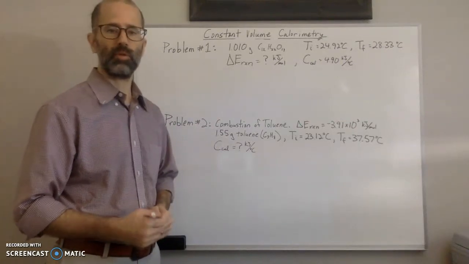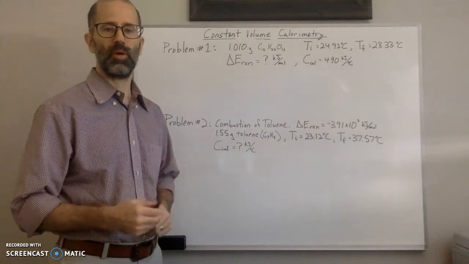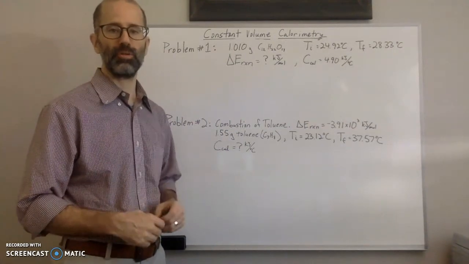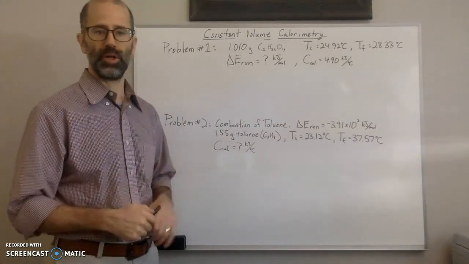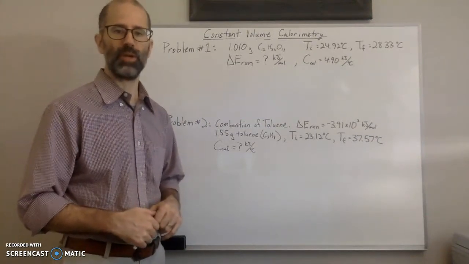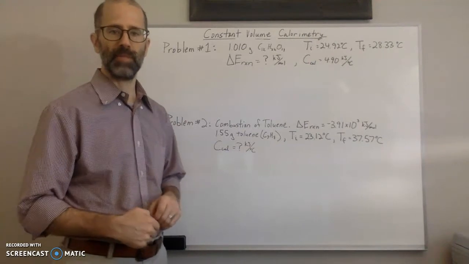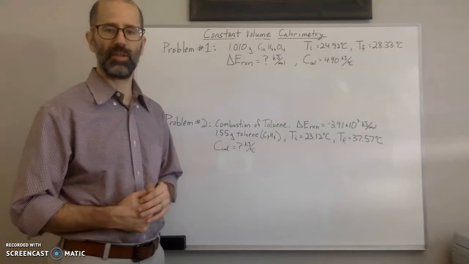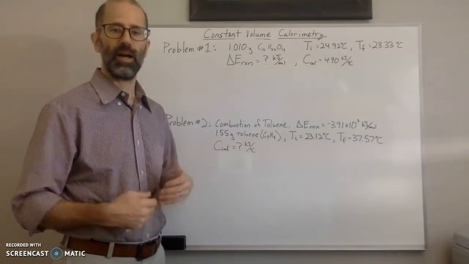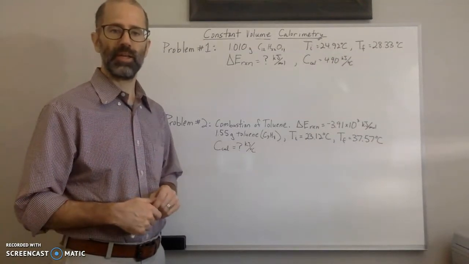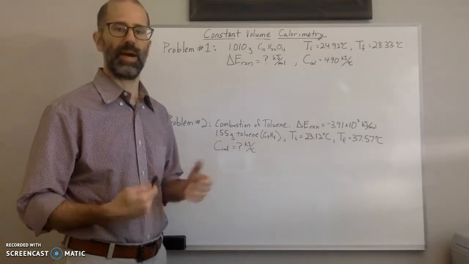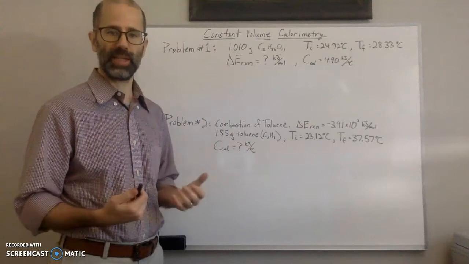My name is Mr. Cobalt, and in this video I'm going to be going over a couple of practice problems that involve constant volume calorimetry, or in other words, bomb calorimeters, where the volume is held constant. Because the volume is kept constant, the loss of energy from the reaction is going to be gained by the calorimeter itself and only the calorimeter.